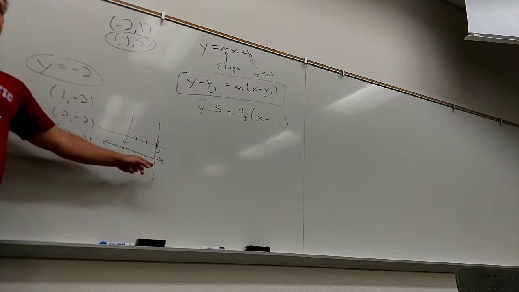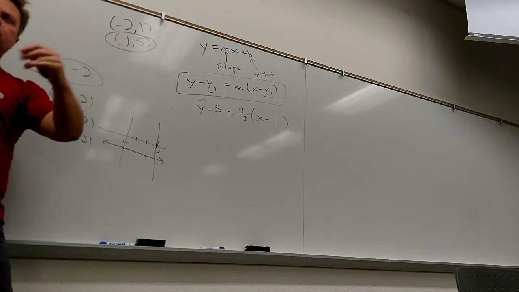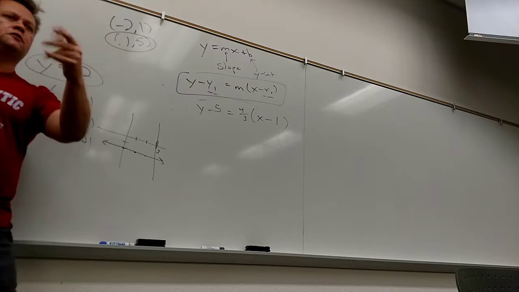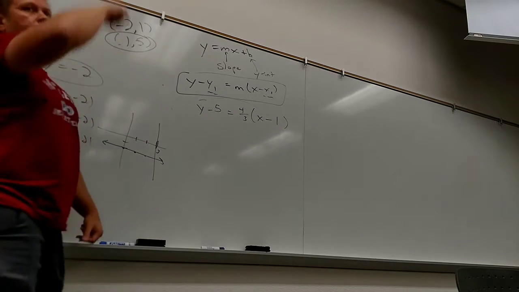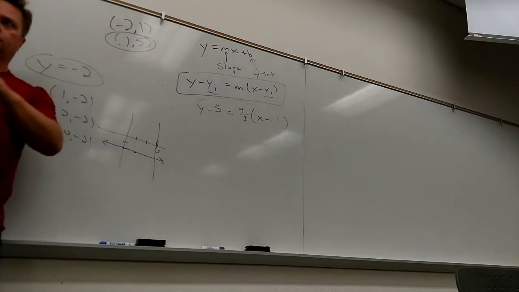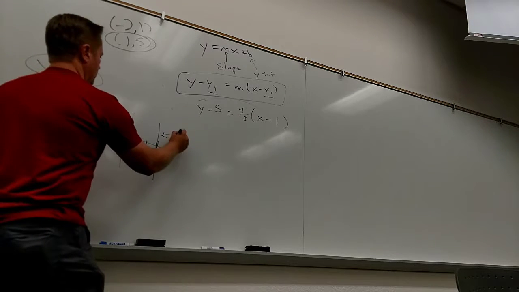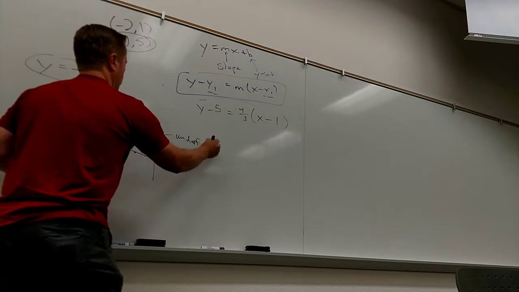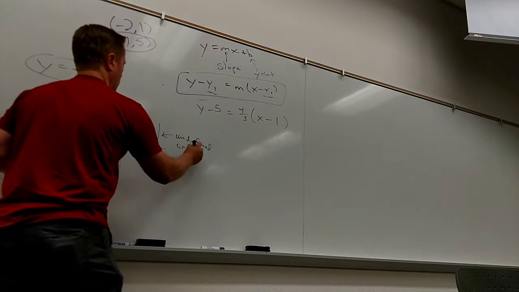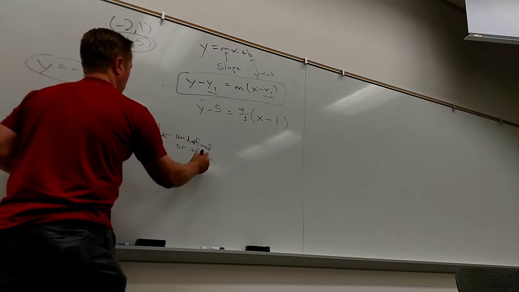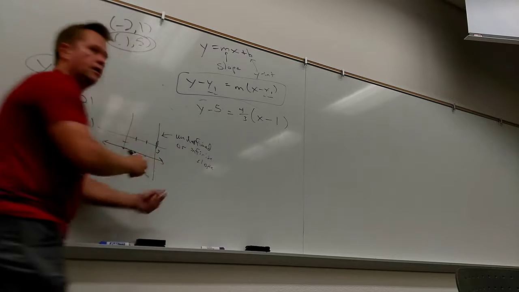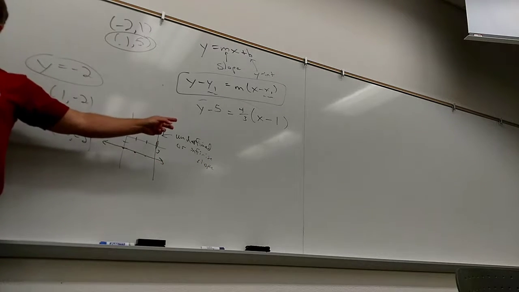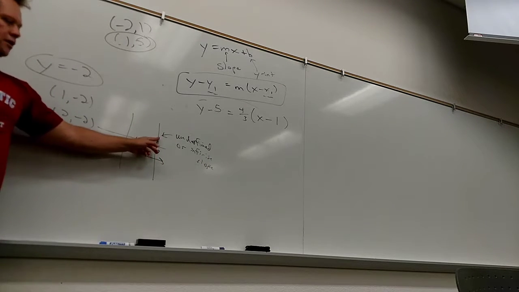This has either undefined slope, or somebody else have a different word for it. It just goes straight up forever. Infinite slope. Right? So this would be undefined or infinite slope. And let's see why. What is slope again? It's rise over run. So if I rise 1 and I run how much?